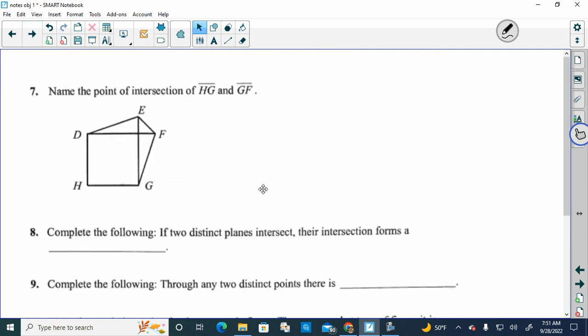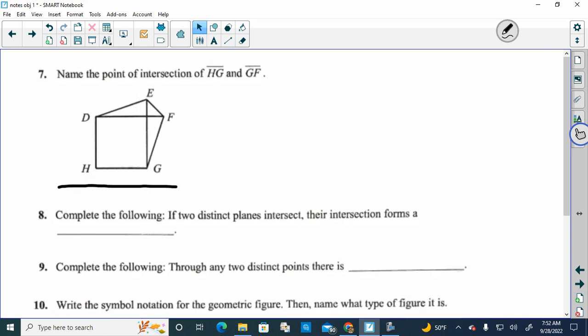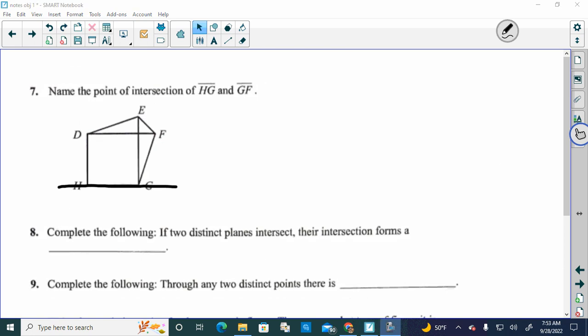Okay, next one, name the point of intersection. We've had one like this already. The point of intersection is for segment HG and GF. So we're looking for where those two lines would cross each other, which is G. Another way, besides actually drawing on the line, is to look in the sentence at the letter that they both have in common.